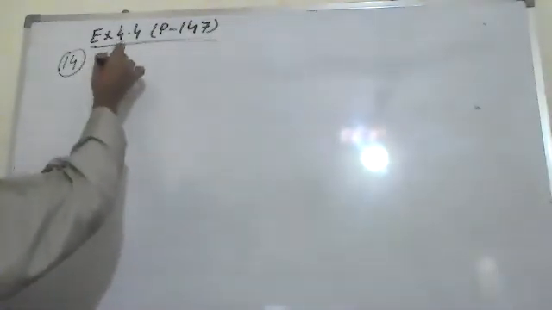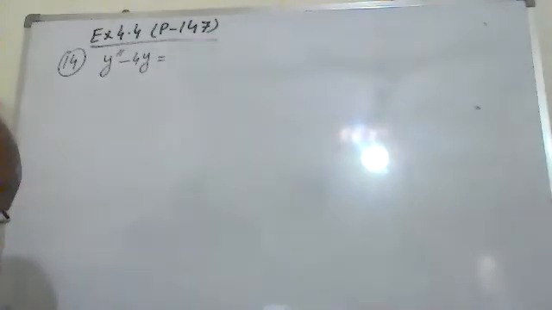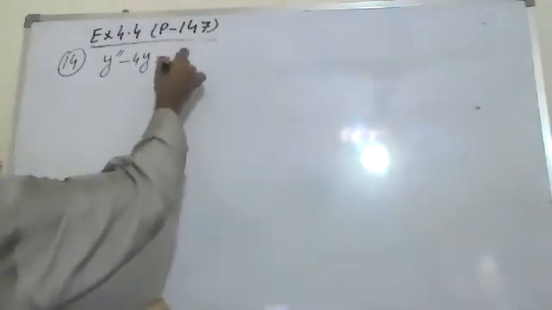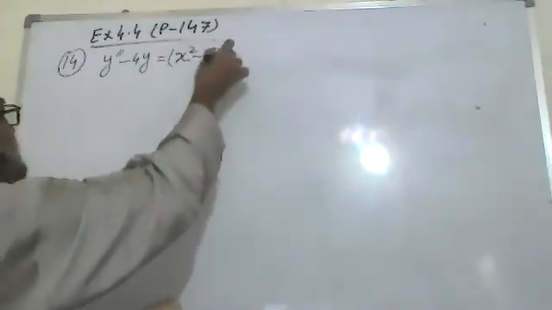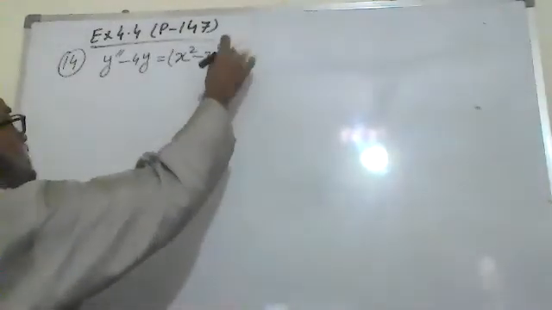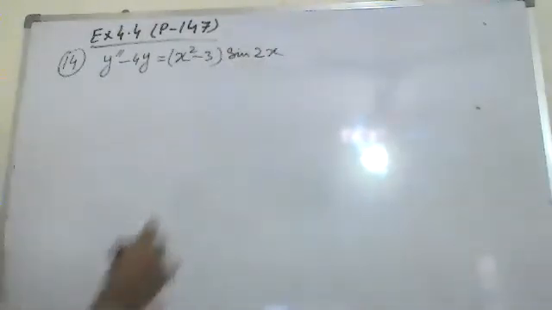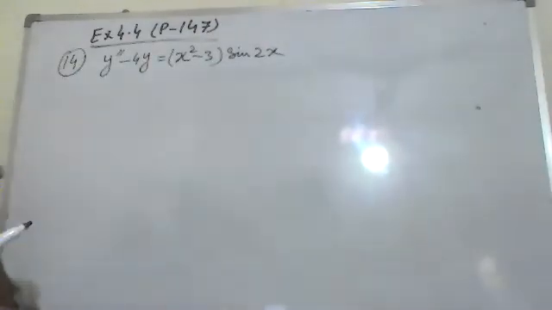y double dash minus 4y is equal to x square minus 3 into sine 2x.